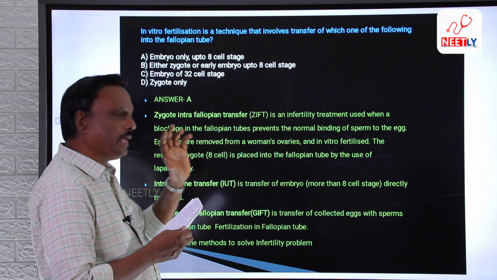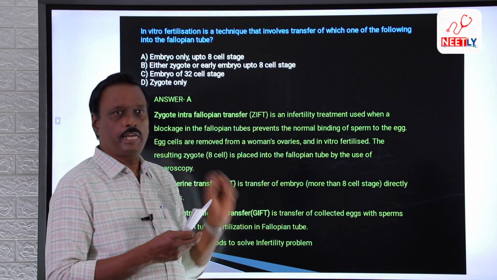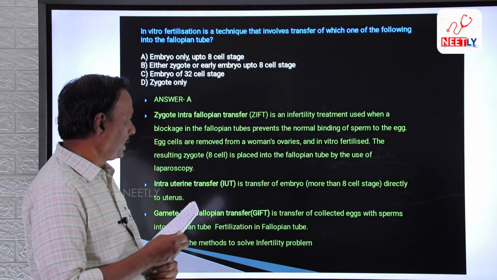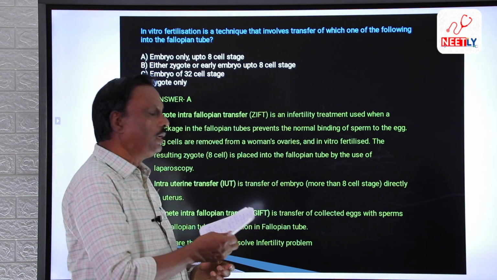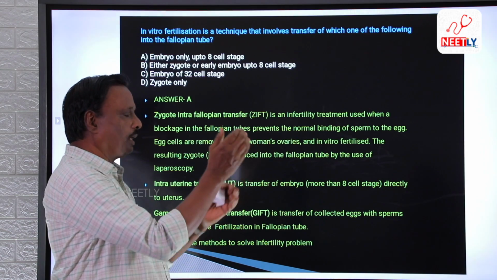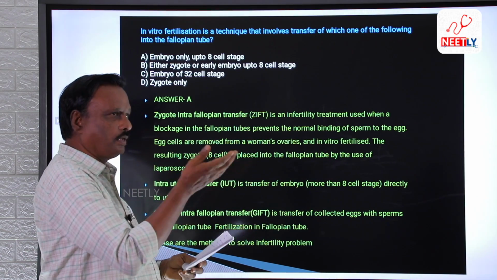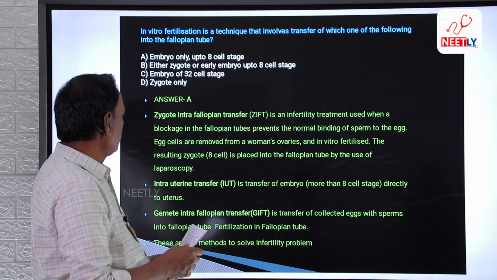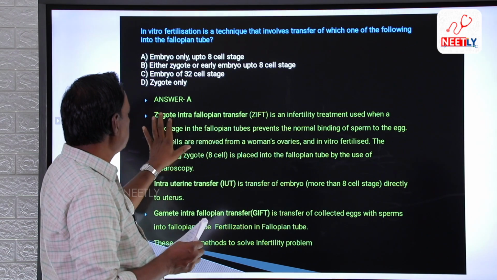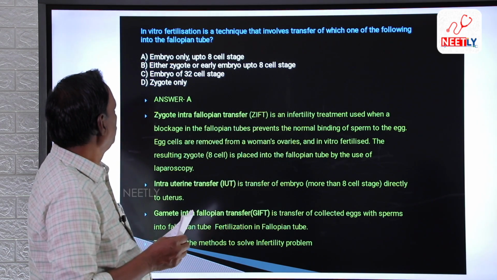The fallopian tube is the place where fertilization actually takes place in the woman's body. So we place it in the fallopian tube. From the fallopian tube, the 8 cell zygote is slowly transferred into the uterus. So this process is known as zygote intra-fallopian transfer, ZIFT.